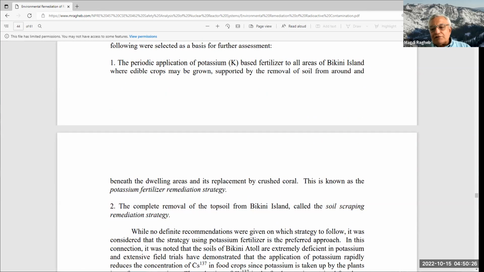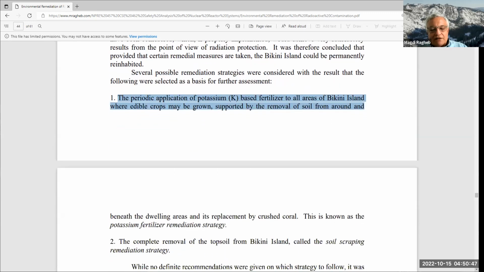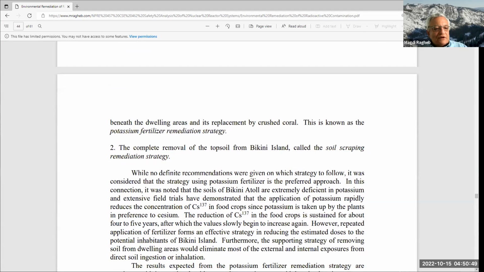So how do we decontaminate an area that is contaminated with some of the fission products, primarily cesium-137? Basically, the remedy is a periodic application of potassium fertilizer that would be taken up by plants instead of the cesium-137.